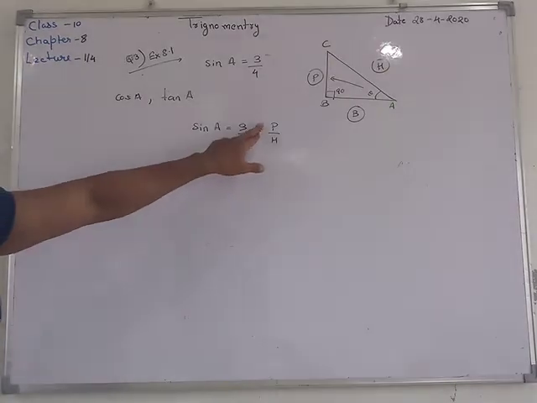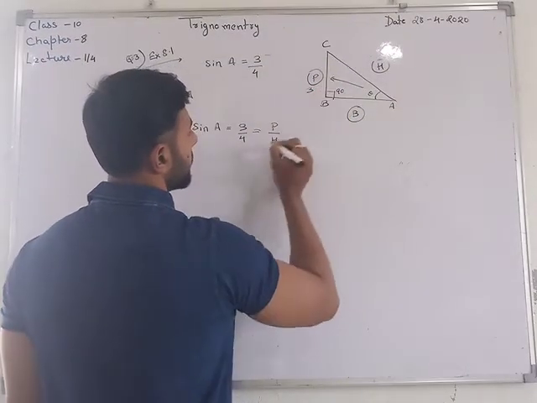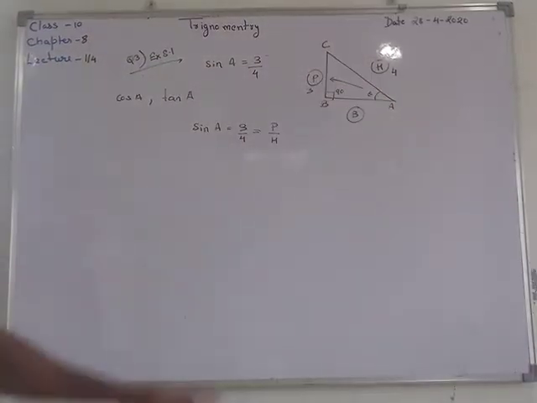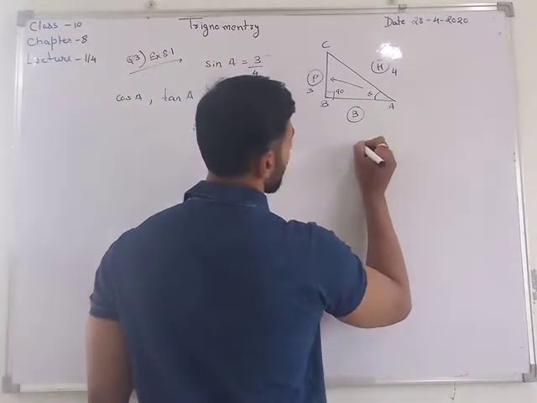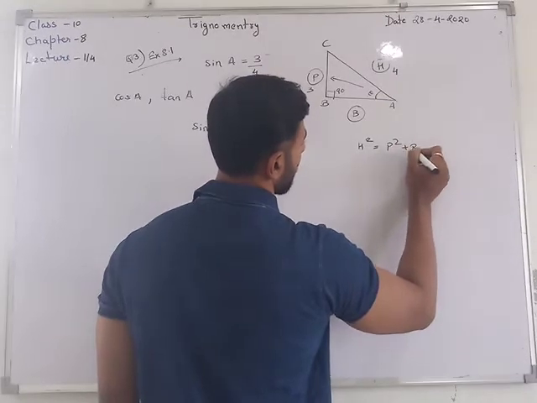Now perpendicular is 3, hypotenuse is 4. First, let us find out the base by Pythagoras theorem. H square is equal to P square plus B square.